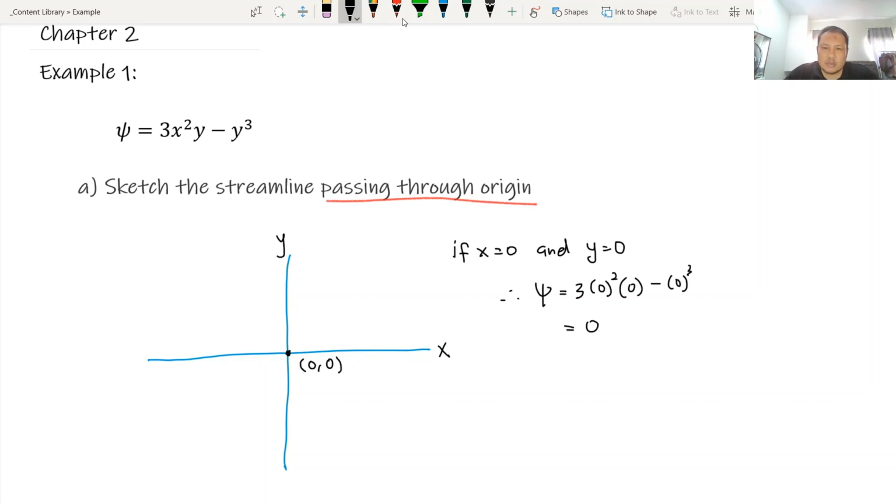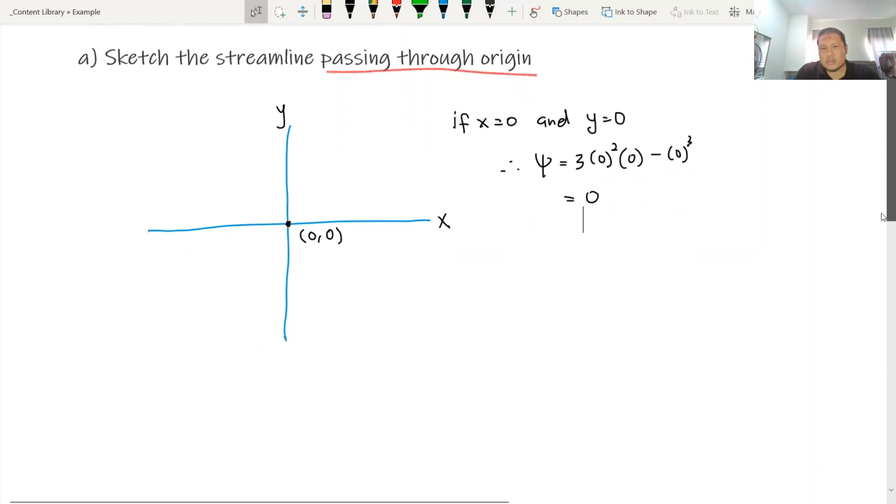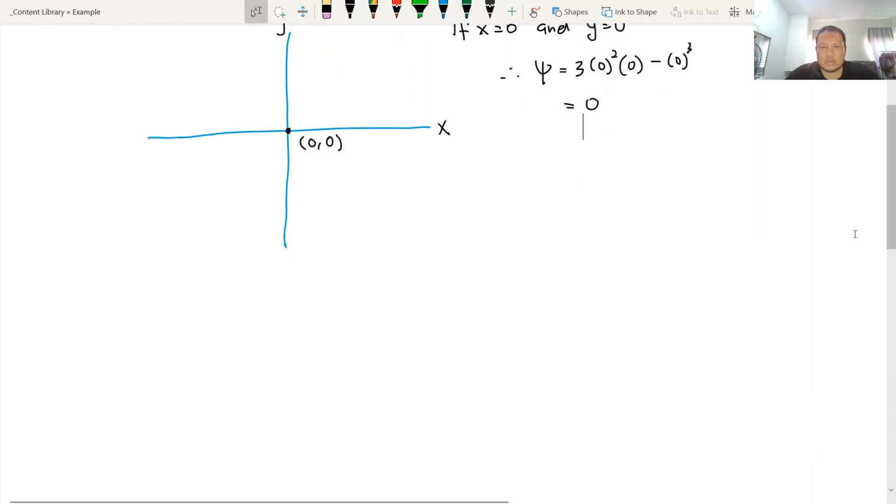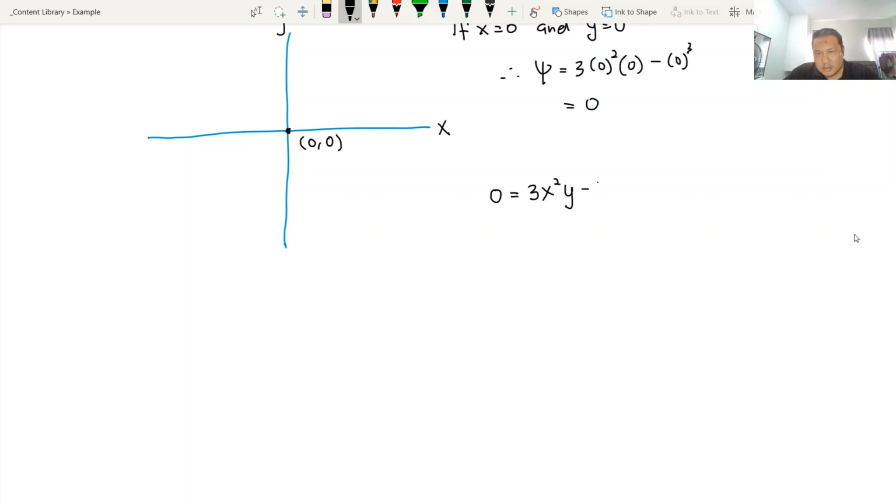From this, we substitute back into the equation, so 0 equals 3x squared y minus y to the power of 3.